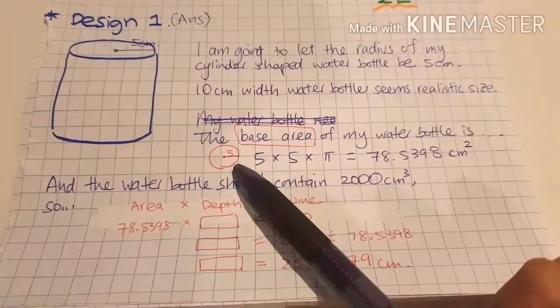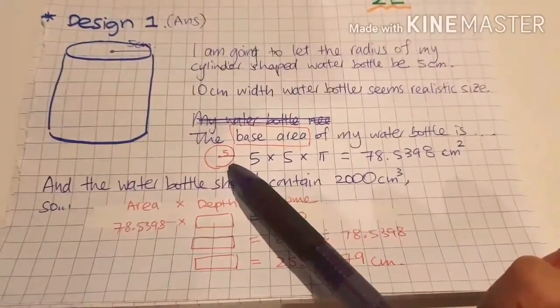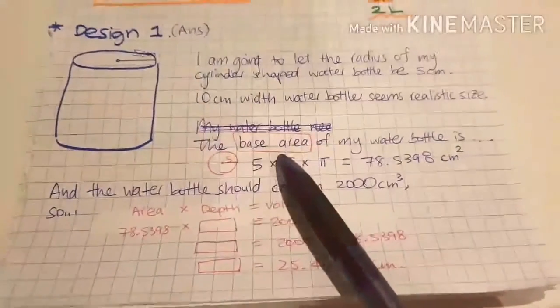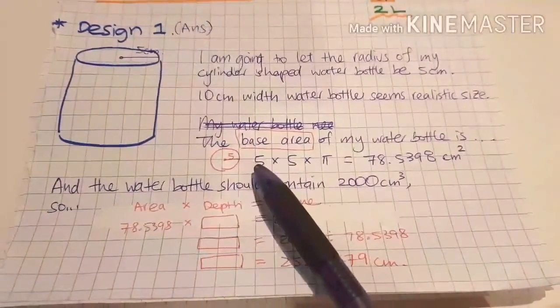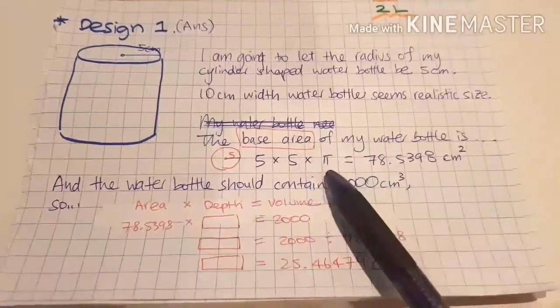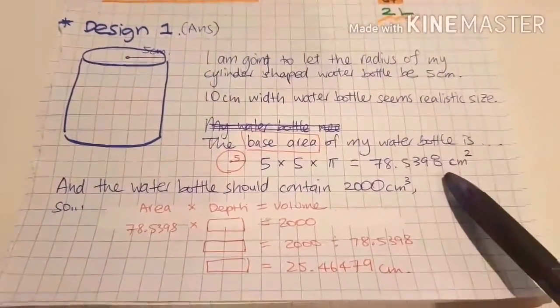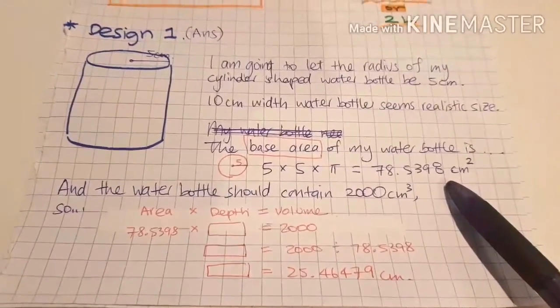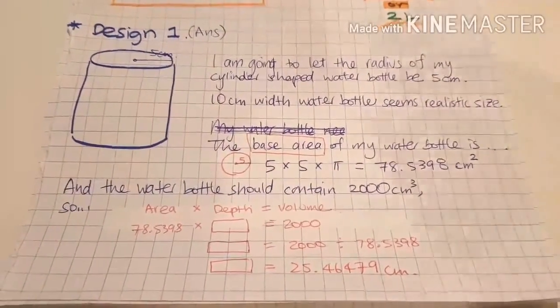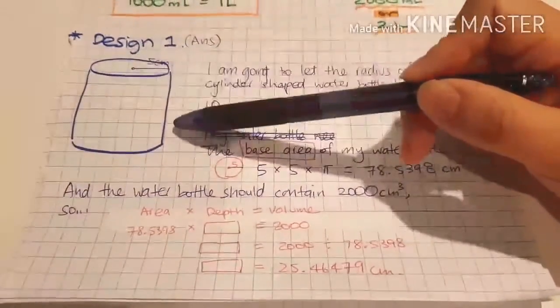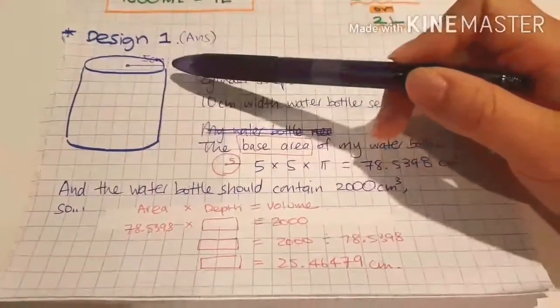In order to find the volume, since I let the radius be 5, the base area of my water bottle should be radius squared times pi, 5 squared pi. Now you need to decide the depth of your water bottle.